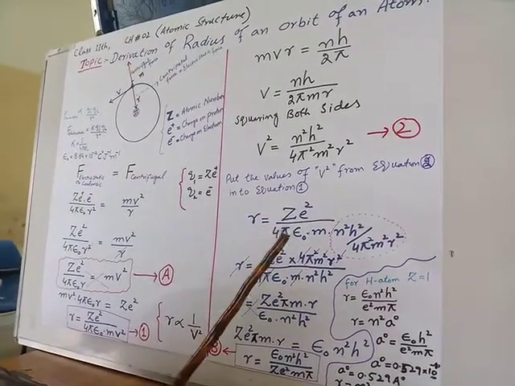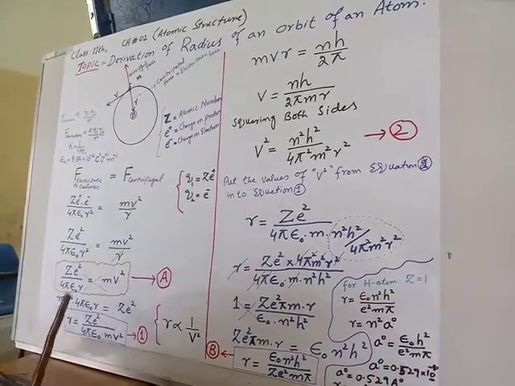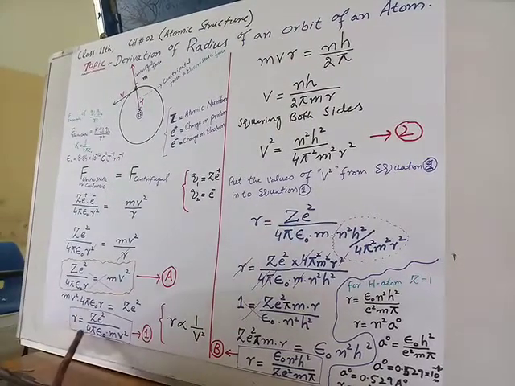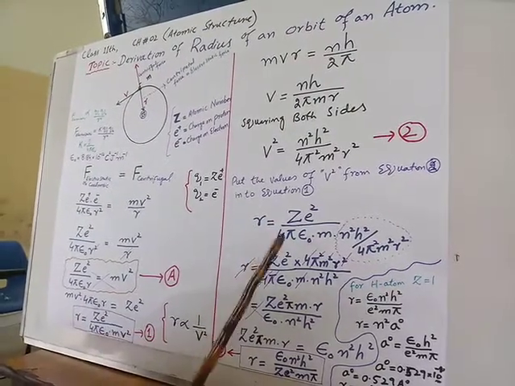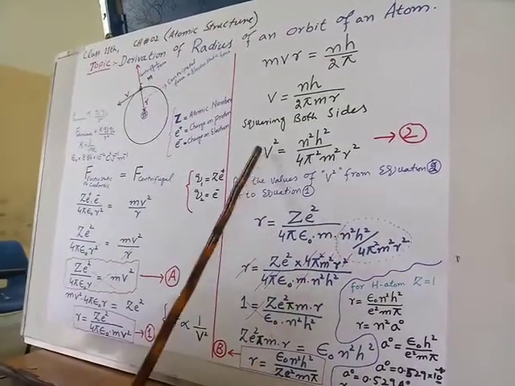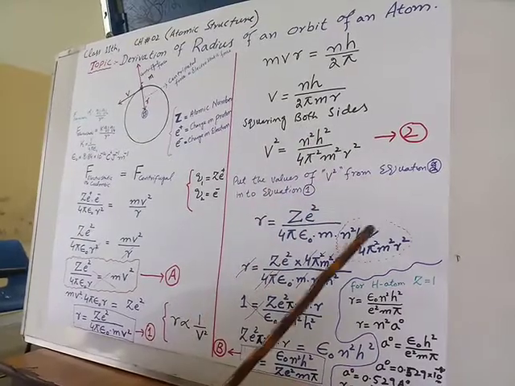We will get something like this: r equals ze square over 4 pi epsilon naught m, but instead of v square I have put this value of v square here.